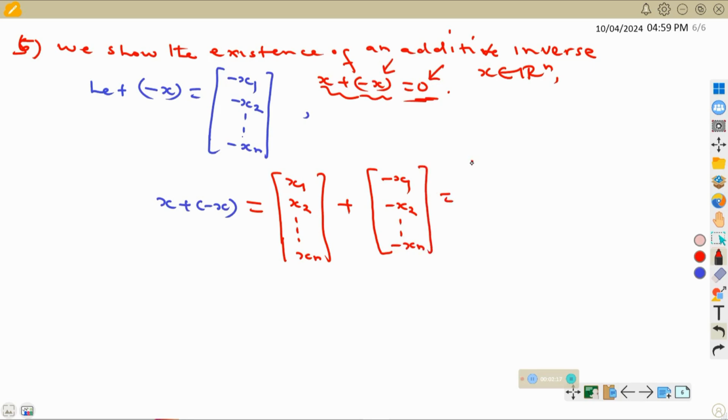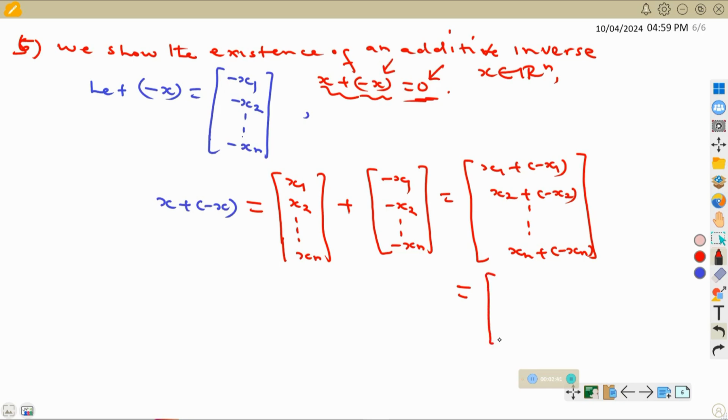This one here will be the same as x1 plus negative of x1, x2 plus negative of x2, and up to xn plus negative of xn. So clearly, x1 plus negative of x1 will be giving us 0. This will be 0 up to 0.